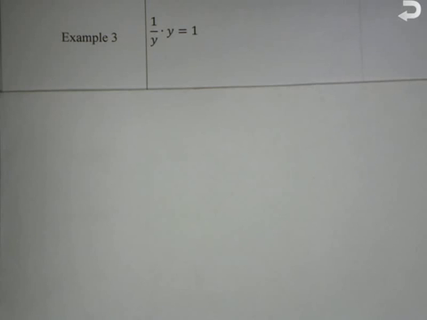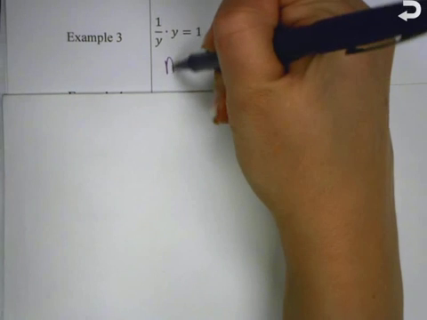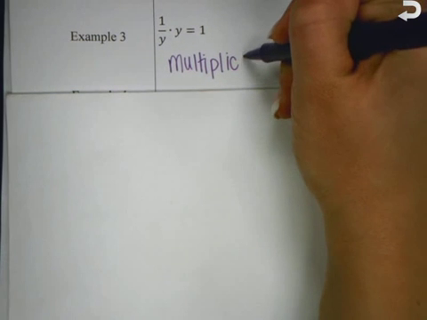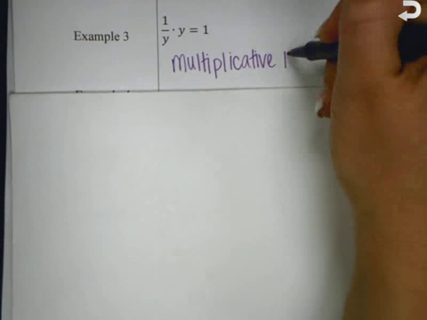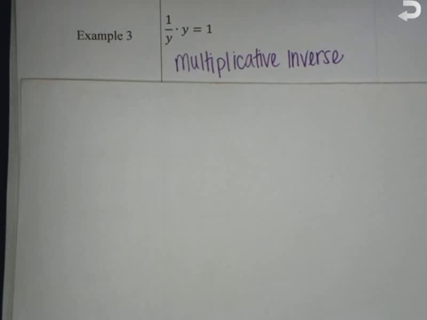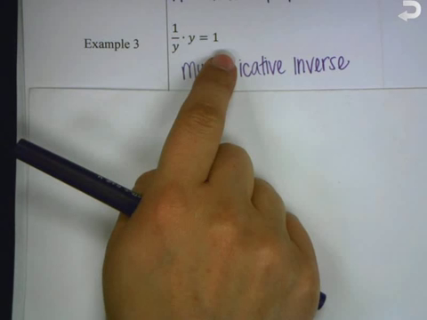So we call that the multiplicative inverse. Okay? So we are multiplying two numbers and they equal 1. What's the multiplicative inverse also called? Starts with an R? Reciprocal. Good.